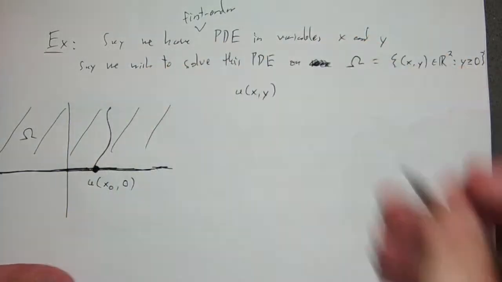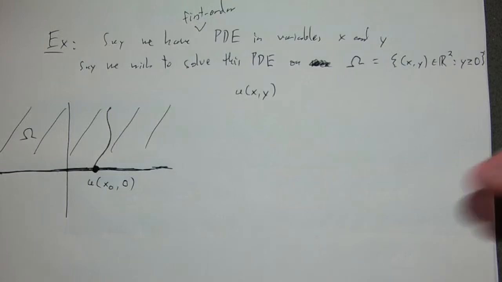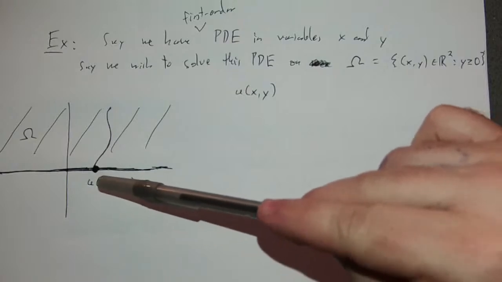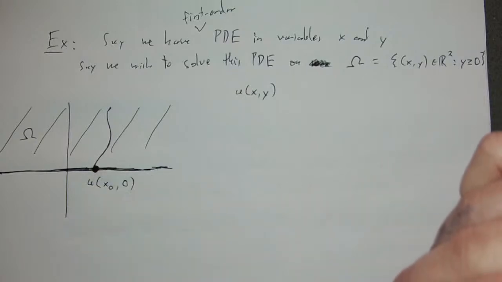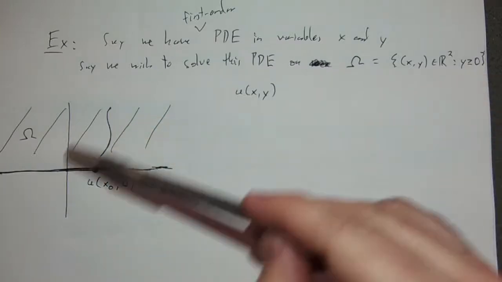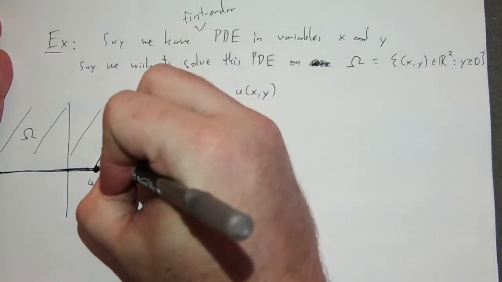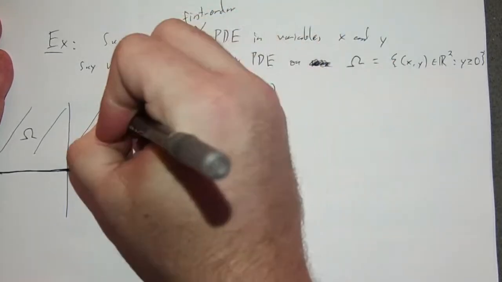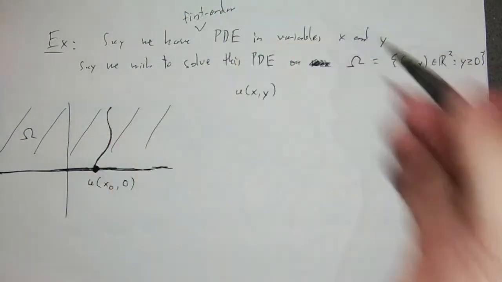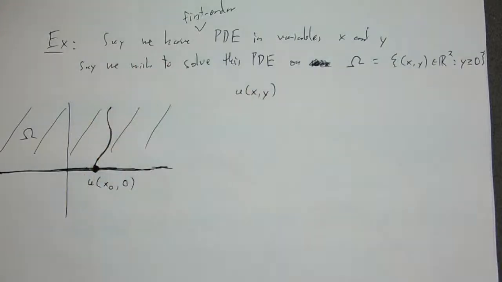And this curve that I seek is a curve such that knowing this value here on the boundary is enough to determine the values at all other points along this curve. So knowing this determines all of the other values of u along that entire curve. Note, not along the entire upper half plane, but along the entire curve.